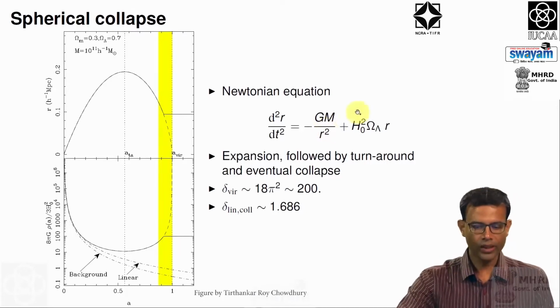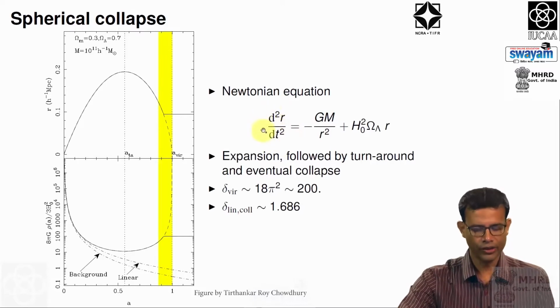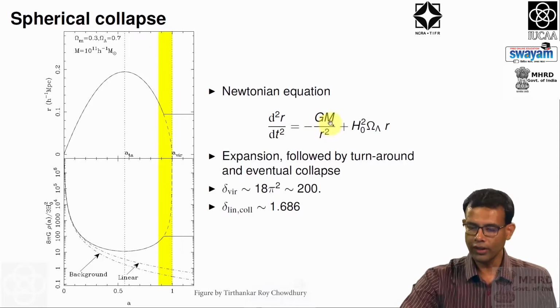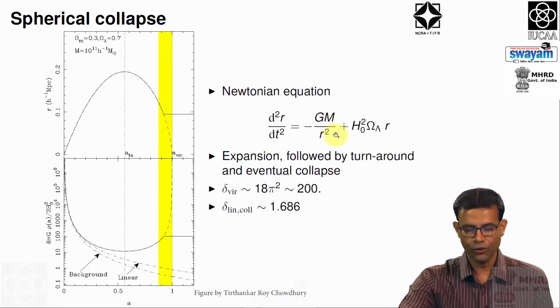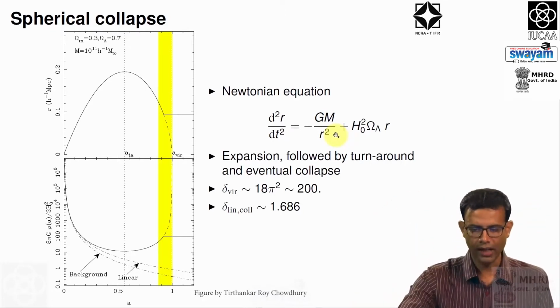So, the basic equation you are going to study is the acceleration equation for the radius, which is, as you know, in the Newtonian theory driven by the simple Newtonian force G m by r square, where m is the mass contained within that sphere of radius r.